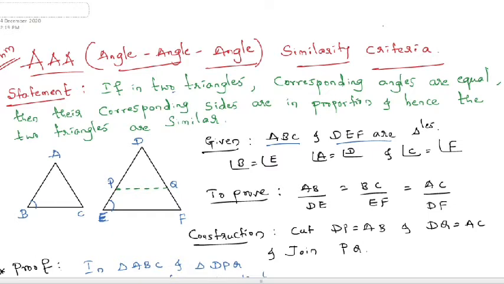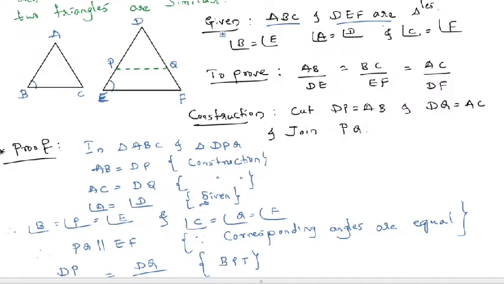Here we construct: cut DP equal to AB, DQ equal to AC, and join PQ. Proof: in triangle ABC and triangle DPQ, AB is equal to DP by construction.